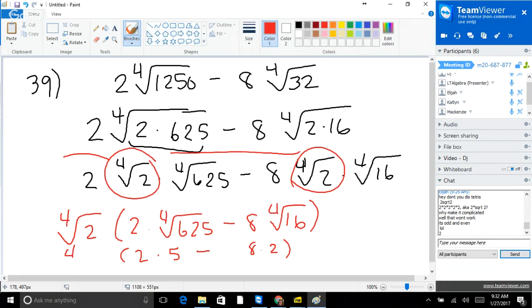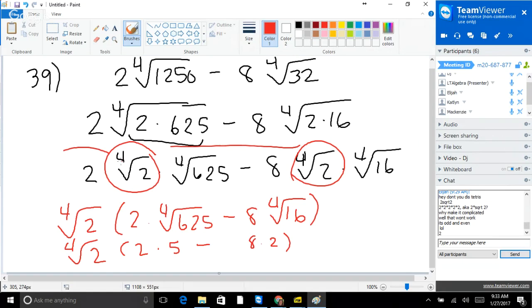So now we're just left over with the 4th root of 2 times the product of 2 times 5 minus 8 times 2. I need more room. I'm running out of room. All right, so 2 times 5 is 10 minus 16. So this is basically going to end up being -4 times the 4th root of 2.